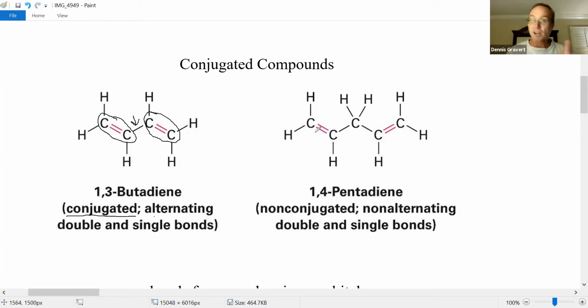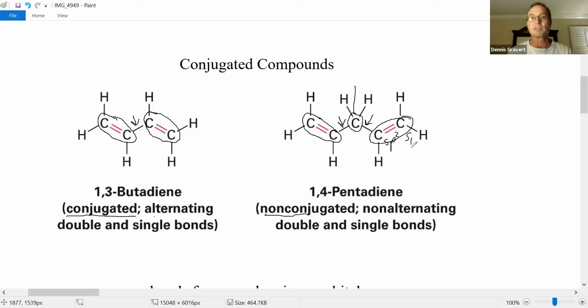This one breaks the pattern. It is non-conjugated, right? You've got a pi bond here, another one here, and then we have a pair of single bonds that separate the 2 pi bonds. More importantly, there's a carbon in between that does not contain a pi bond, or more to the point, it's not sp2, right?